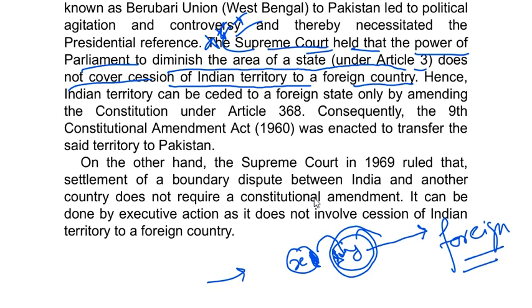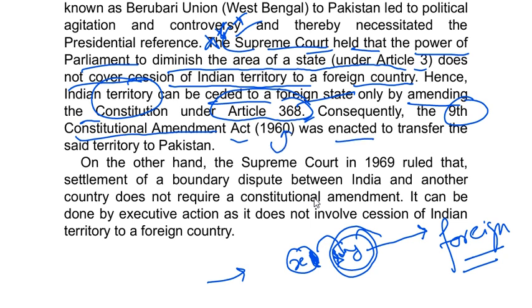After this, if it must be done, that we have to cede some Indian territory to a foreign state, that can only be done by bringing a constitutional amendment act, and in that particular scenario we must utilize Article 368. Consequently, the 9th Constitutional Amendment Act was first passed in 1962.